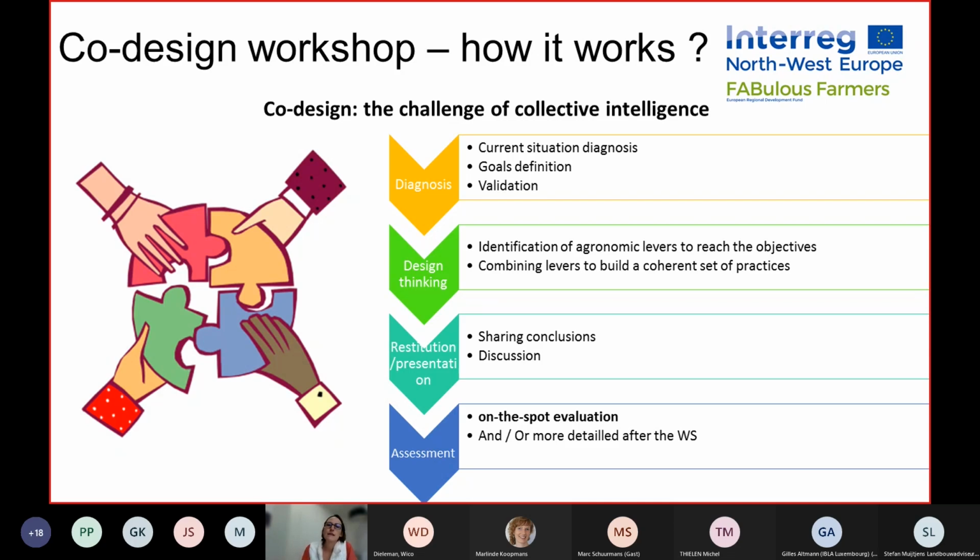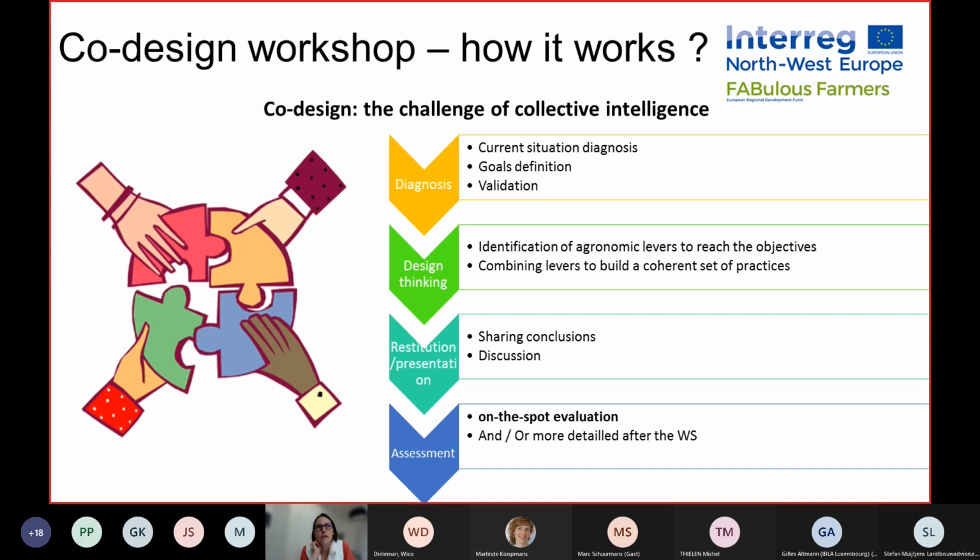Then the second step is the main phase of design thinking, with the identification of agronomic levers that we can use to reach the objectives, and how we can combine these levers to build a coherent set of practices.